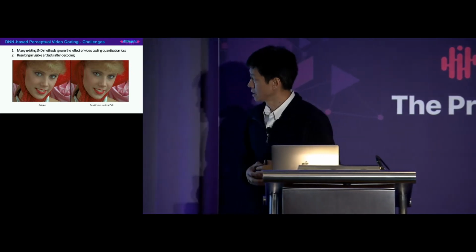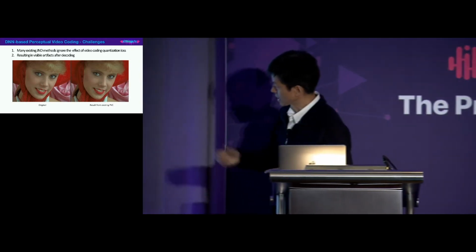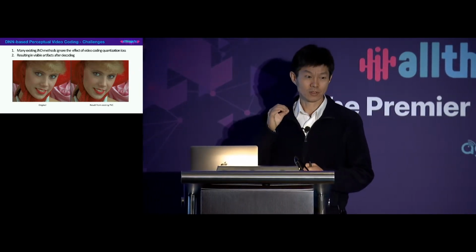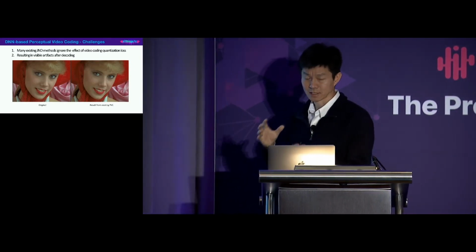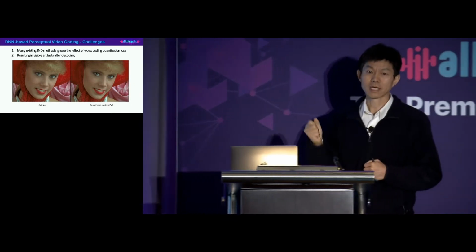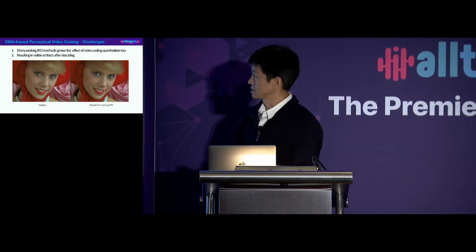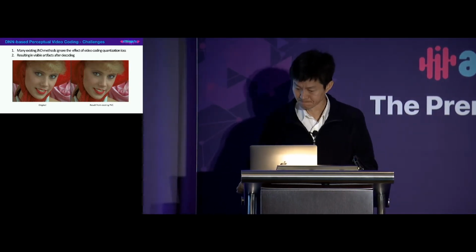On the right-hand side, carefully looking at the cheek of the lady, you can see the blackness, even though this method claims that it just applies the JND to the encoding. So it's not really JND in this case. The reason is not that their JND is bad. It's because they didn't take the encoding process into consideration. So those two parts, the JND and video encoding, don't cooperate well.